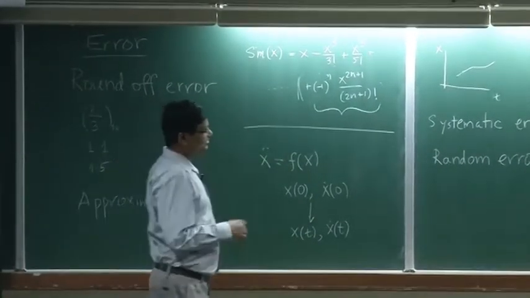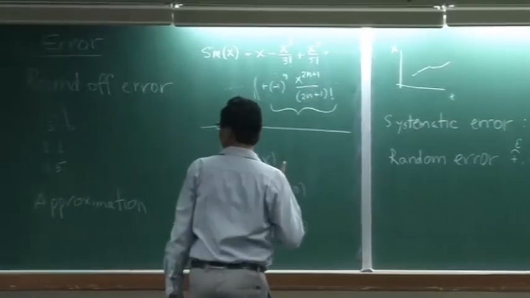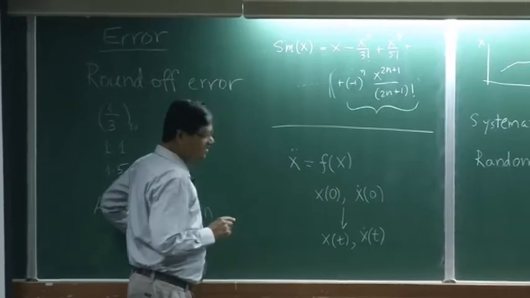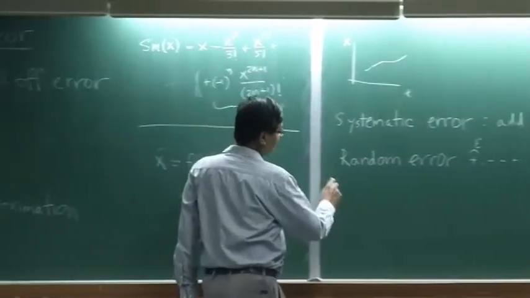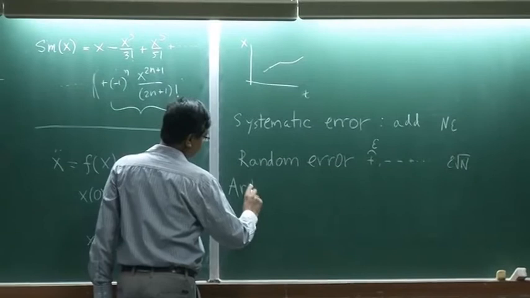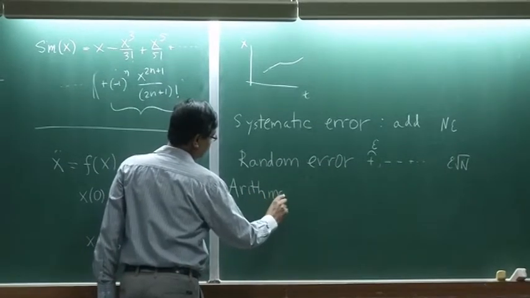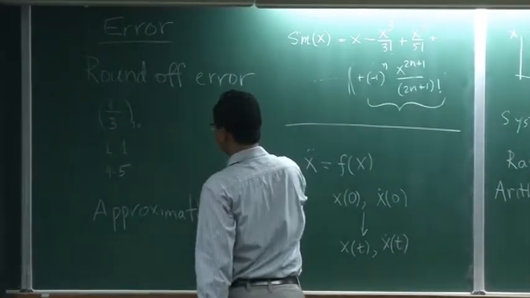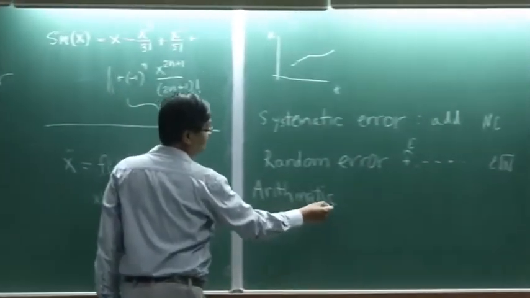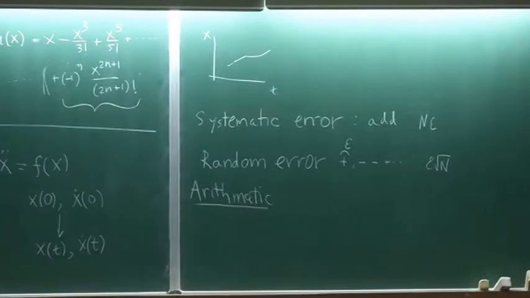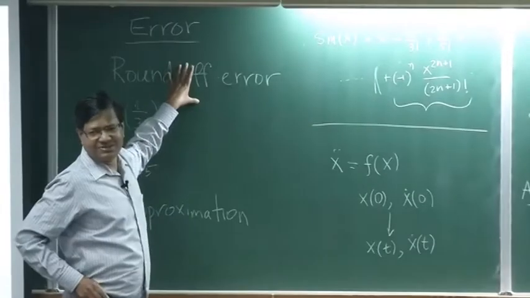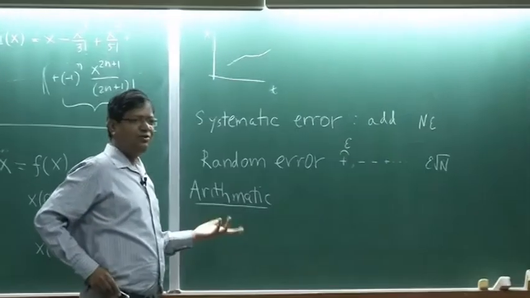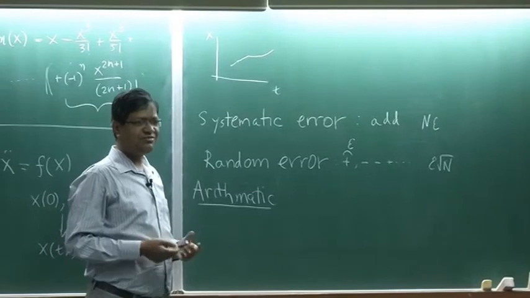Now, there is one more thing I should have mentioned. I think I should add here, one type of error is arithmetic error. Actually, it should basically belong to this round off error, approximation error, arithmetic error. So, even if a number can be accurately represented, there could be error because of my numerical operation, addition, subtraction.